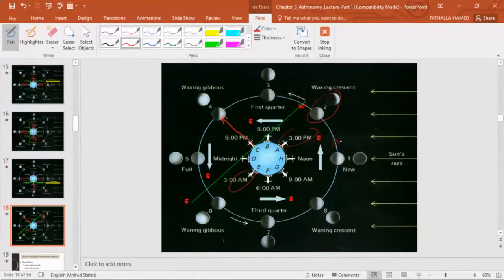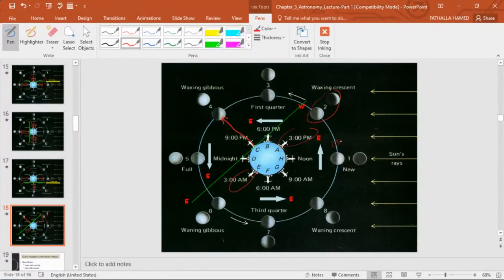And I told you these phases are made because the moon reflects sunlight to us. And half of the moon always faces the sun and receives sunlight. So how much of that half of the moon that receives sunlight is facing us? And that's what we're going to see.